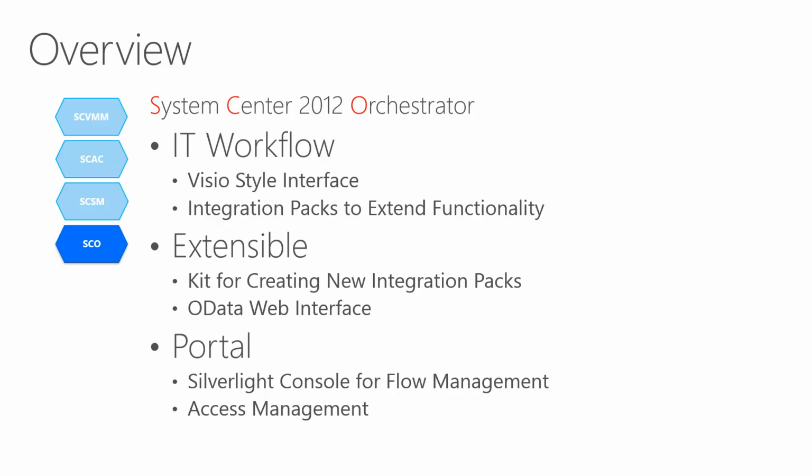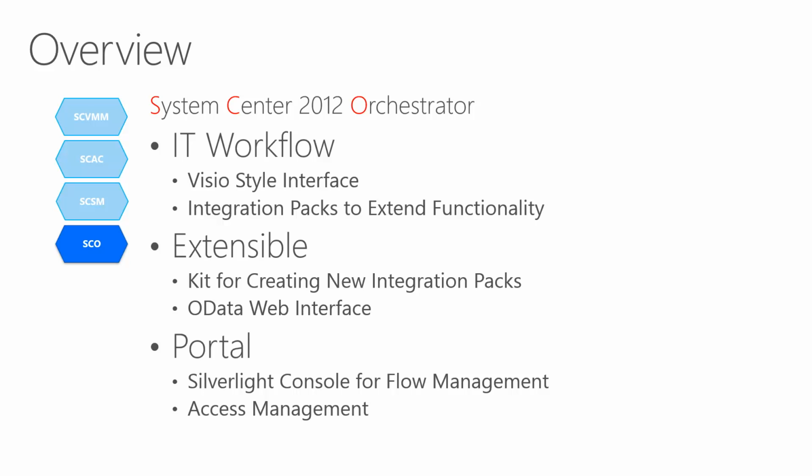System Center Orchestrator, or SCO as it is more commonly or fondly known, is a utility that was introduced with the System Center 2012 software packages, and its task is to allow non-technical IT people with very little programming skills the ability to design in a Visio-style interface a workflow utilizing activities to essentially make things happen.